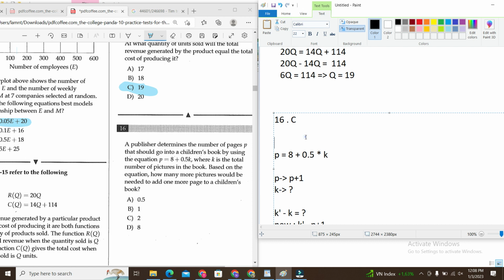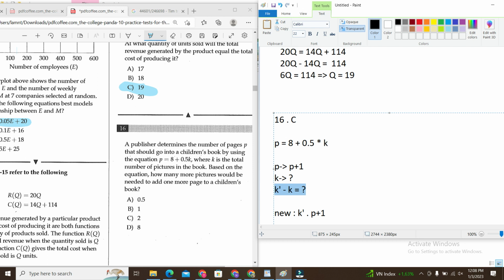Okay, so here in question 16 we have the relationship between the number of pages and the number of pictures, where the number of pictures is K: P equals 8 plus 0.5K. If P changes to P plus 1, what does K have to transform to? In general, what is the difference between the new K and the original K, which is K prime minus K?